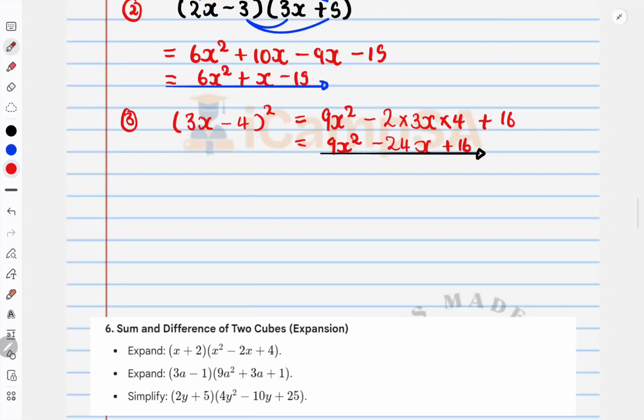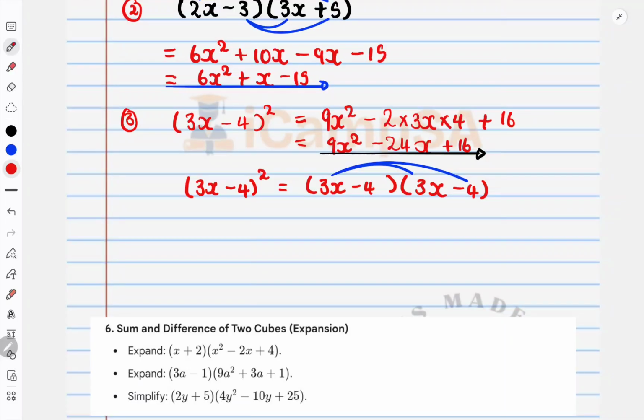you can follow that process of saying (3x − 4) squared is equal to (3x − 4)(3x − 4), by the laws of exponents, and then we follow the distributive law to multiply this.